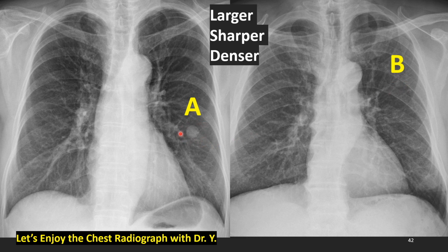Everybody finds this one. How about this one? What's the difference? Yes, these three shows the conspicuity difference. Larger, easier. Sharper margin, easier. Denser density, easier to find out. Look at this. Smaller, ill-defined margin. Less dense. That's the reason why we sometimes don't find this kind of tumor here.